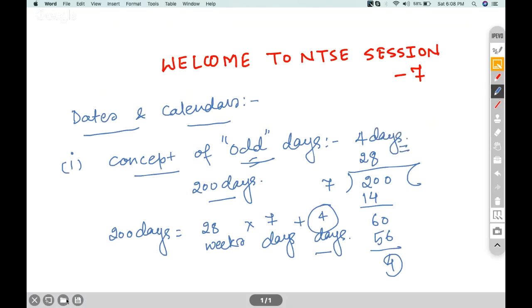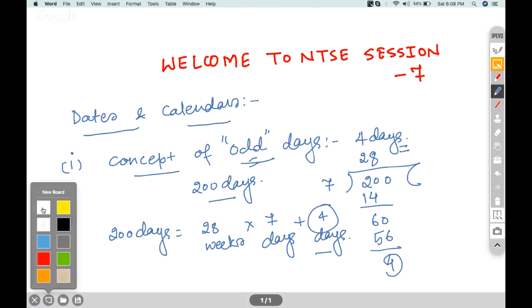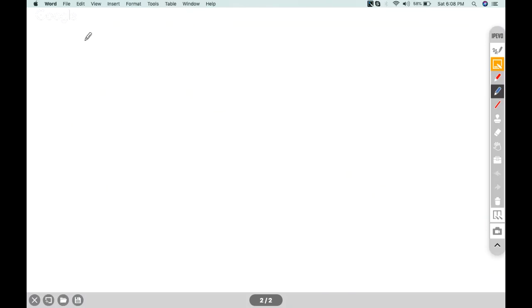So this is the first concept. The second concept that we need to understand is what is a leap year and what is a non-leap year. So a leap year has two categories. First, century years, and second, non-century years.